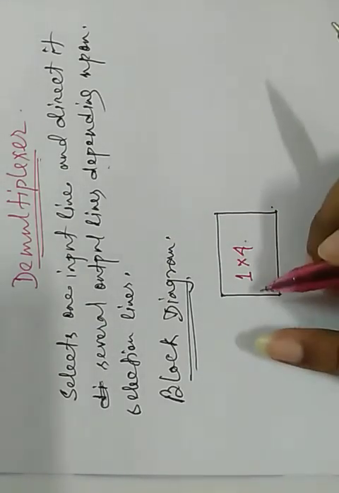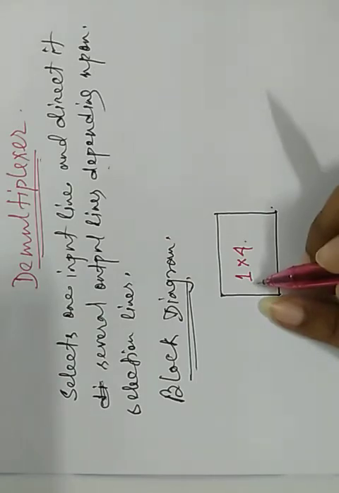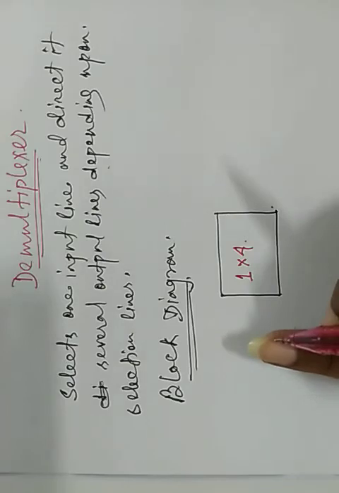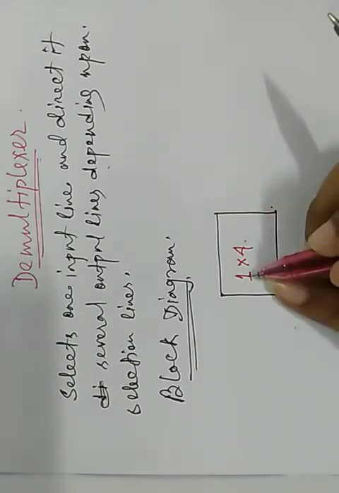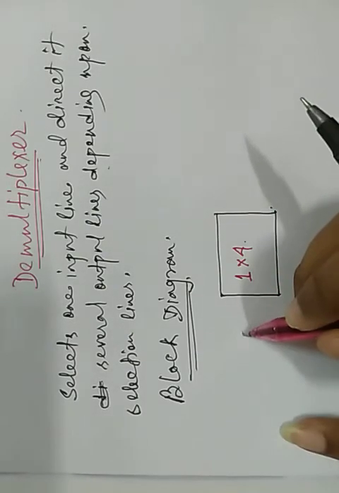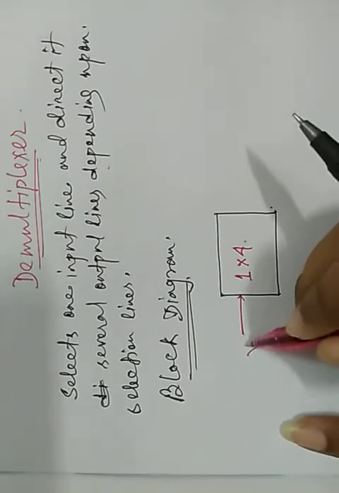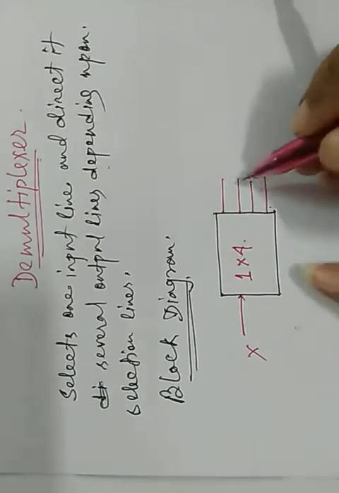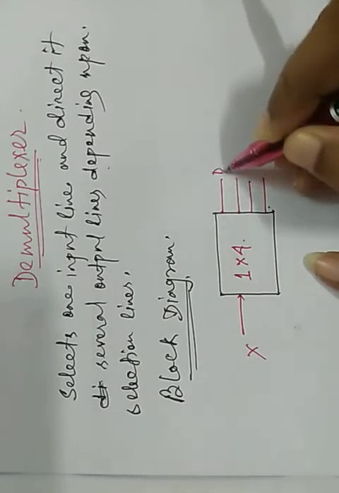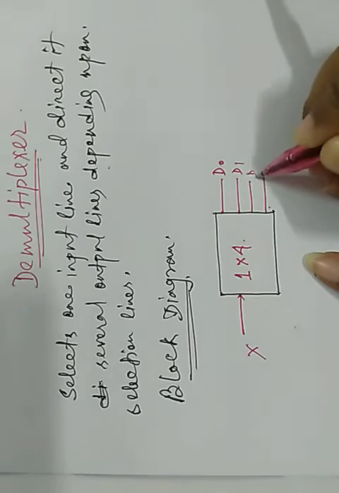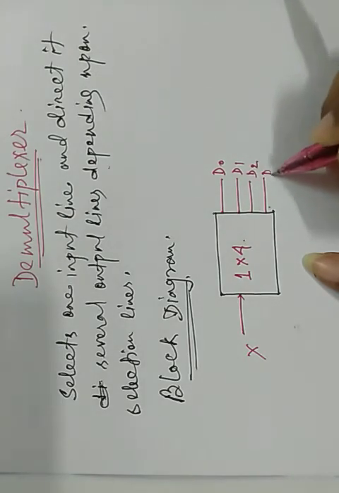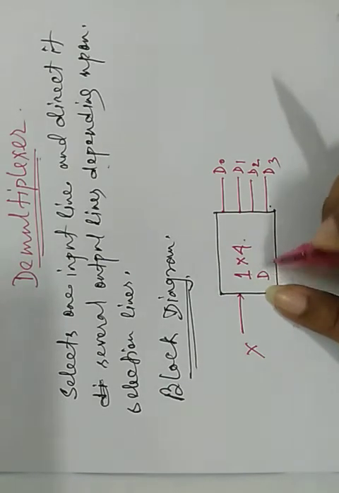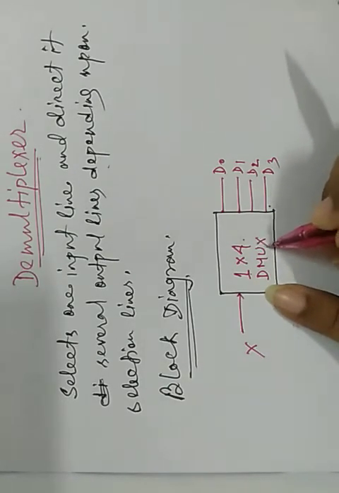In a multiplexer there were 4 input lines directed into 1 output line, so there we wrote 4 into 1 mux. Here there is 1 input line X and 4 output lines. That is why we write here 1 into 4 and D mux.